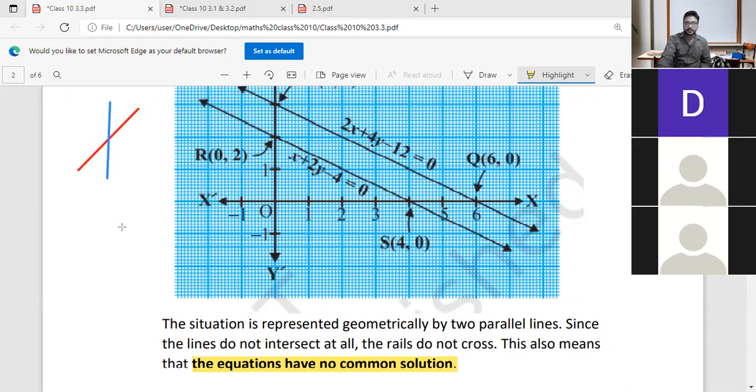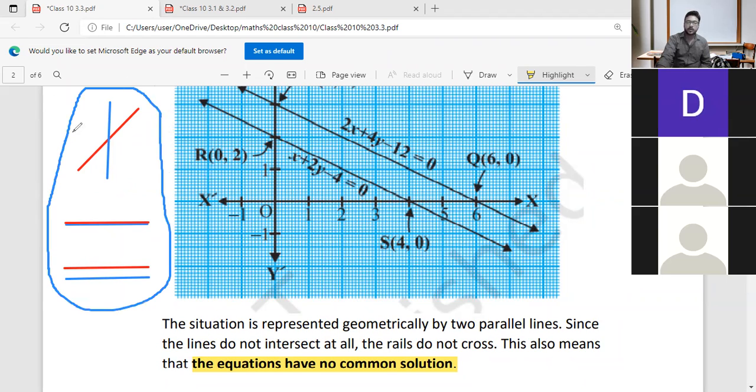The next case is that a line is there and another line is overlapping it. I am making a slight difference so that you can understand. And the third case is that one line is there and another line is parallel to the first line. These were the three cases, and we are generalizing all these three cases.